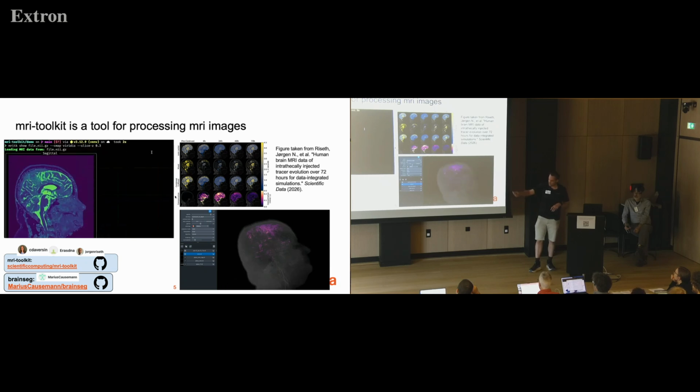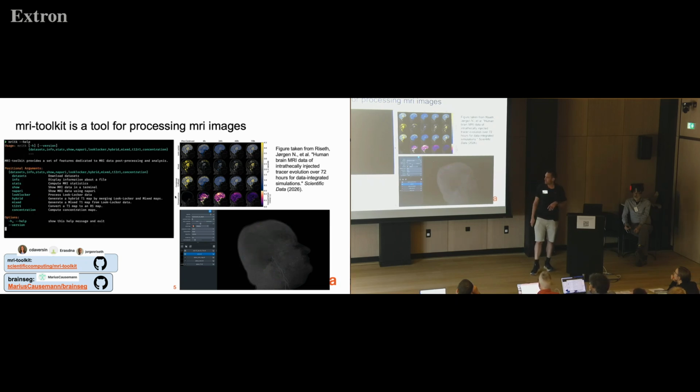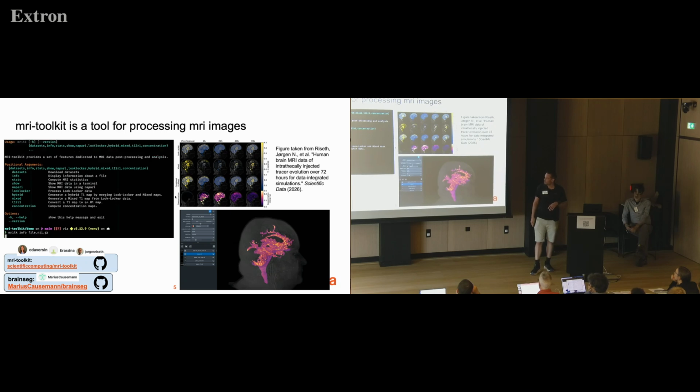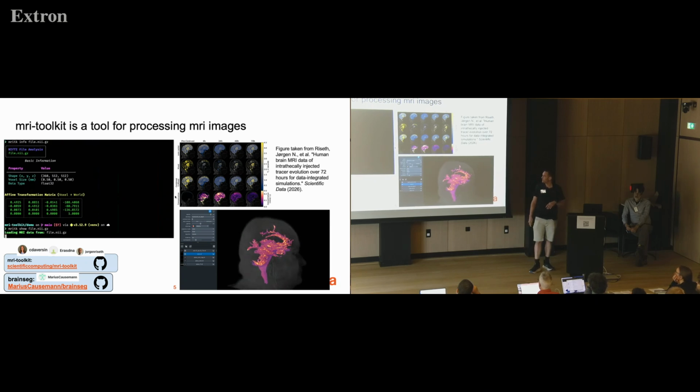If you're also working with brain segmentation, I would also recommend checking out this BrainSeg. The MRI-toolkit is also maintained by Cecile, and Andreas has also been contributing to that, and they will both present later this week.